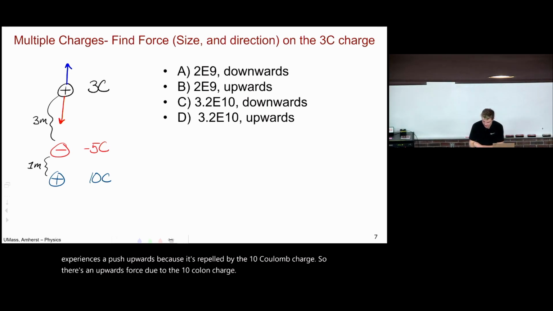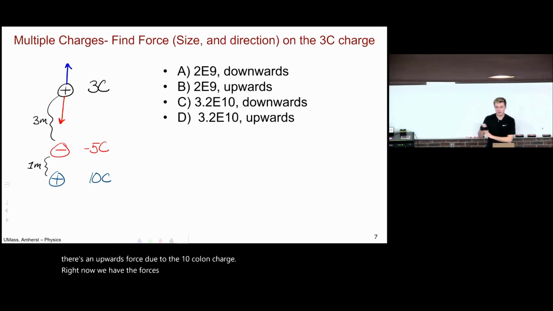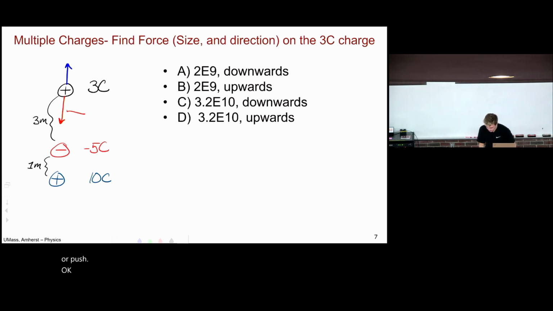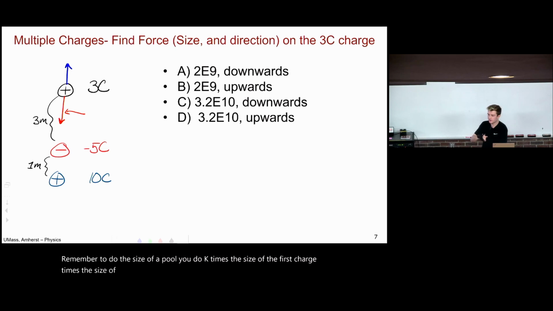All right, now we have the forces drawn. Let's write down the sizes of each pull or push. To get the size of a pull, you do K times the size of the first charge times the size of the second charge divided by their separation squared. So K times 3 coulombs times 5 coulombs.